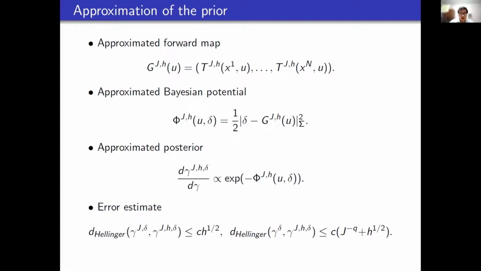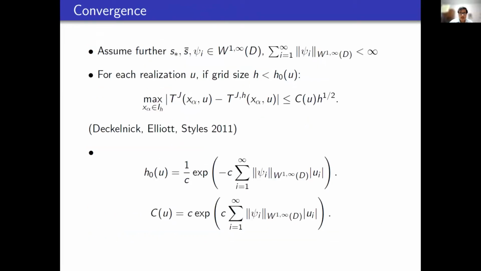If you fix a mesh size h, you can see that the h to the power 1/2 bound may not hold for some u, because for some samples u, this h_0(u) will be smaller than h.